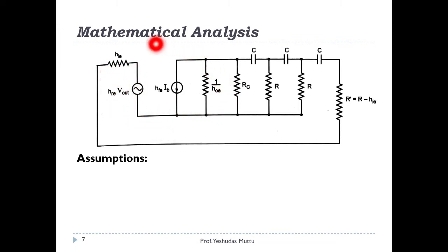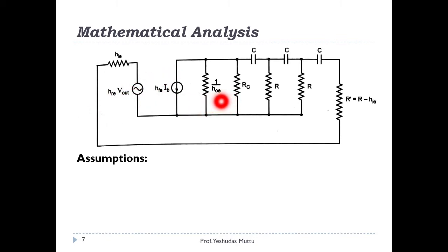This is a complete hybrid model, wherein there is HIE, HRE V out, HFE IB and 1 upon HOE. Again the same assumptions, we are going to make this an approximate model, that is HRE to be very less, therefore HRE into V out will be very less. Then I can neglect this, so I will remove this particular thing.